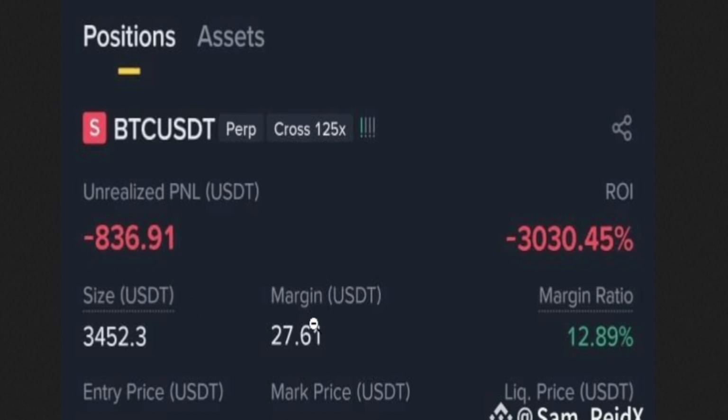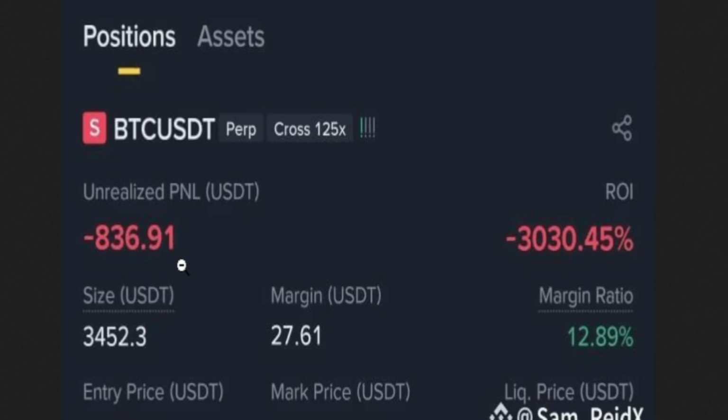So you would have entered with $27. Let's say $100 will give you about three trades, $200 will give you another three, that is six, and $400 will give you about 12 trades.